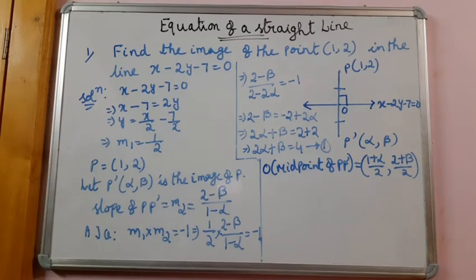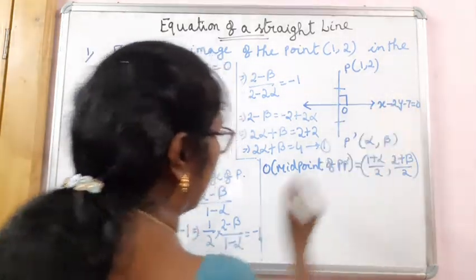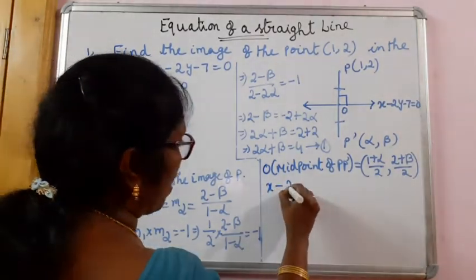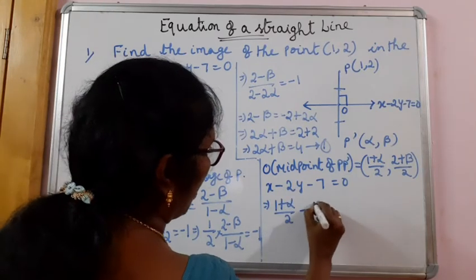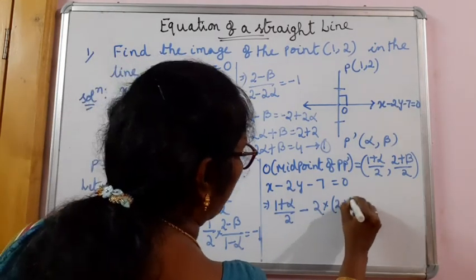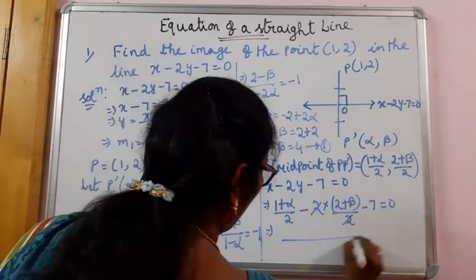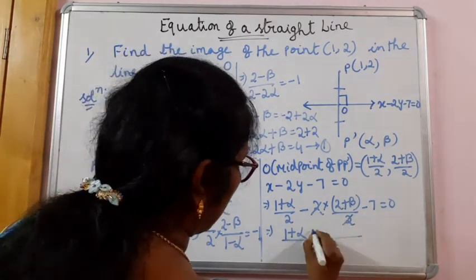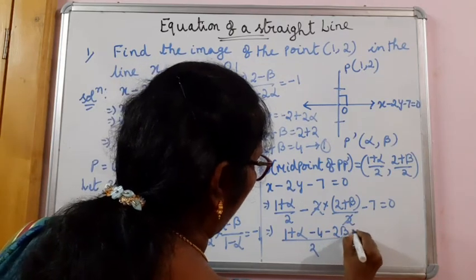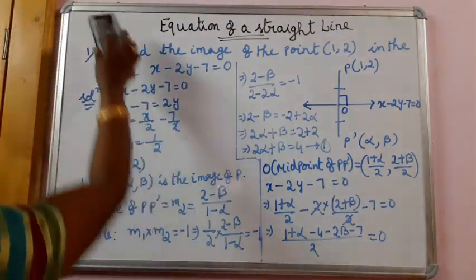So let us substitute the values of x and y, that means the coordinates of O, in this equation. x minus 2y minus 7 is 0: (1 plus alpha) by 2 minus 2 into (2 plus beta) by 2 minus 7 is 0. 2 is the LCM, so we get 1 plus alpha minus 4 minus 2 beta minus 7 is 0.